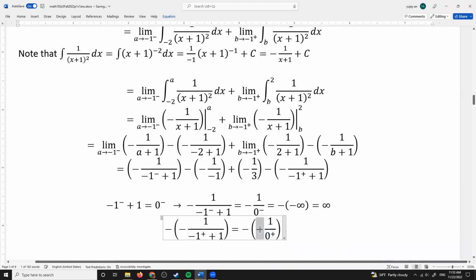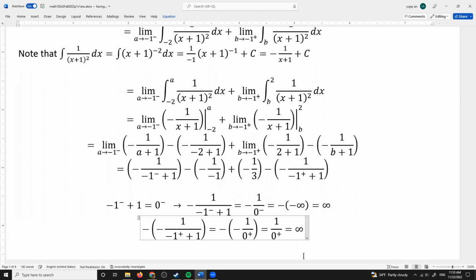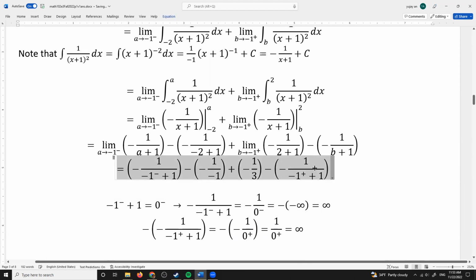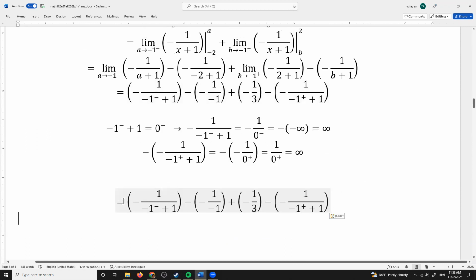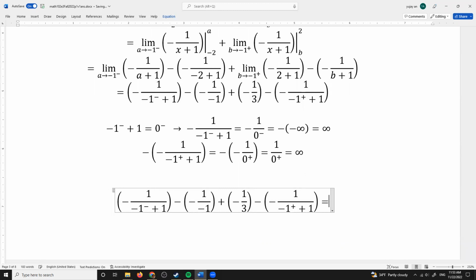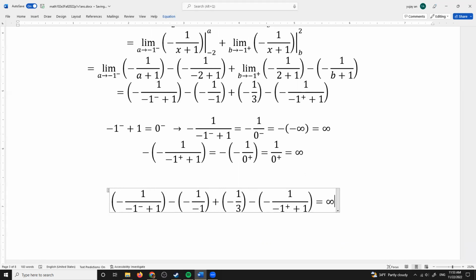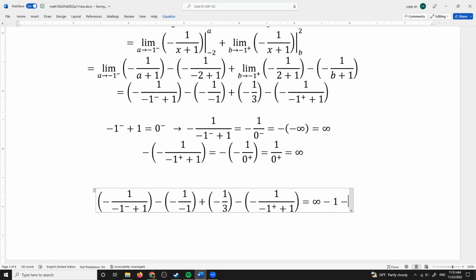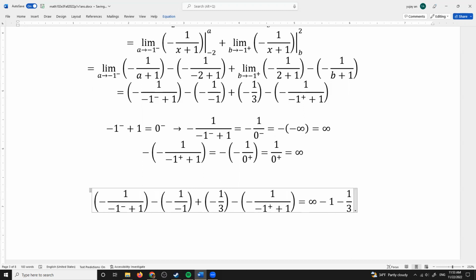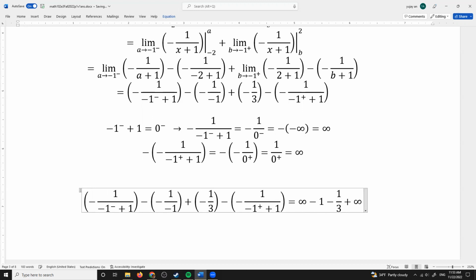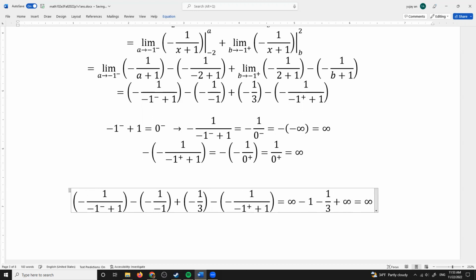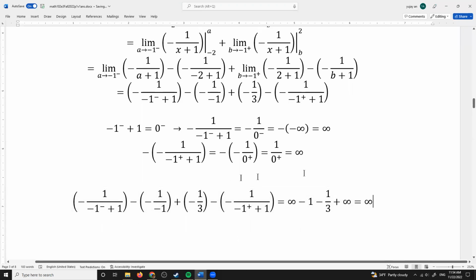And these two negatives will cancel each other, so you're just going to get 1 divided by 0 plus. And because positive divided by positive is positive, this time we're going to get +infinity. So that tells us that the first one is infinity, and the second one is -1, third one is -1/3 plus infinity. And therefore the answer will be infinity.